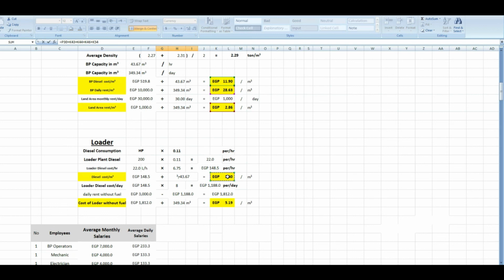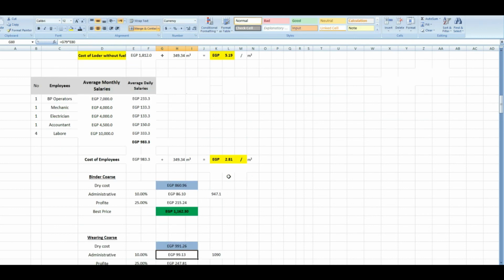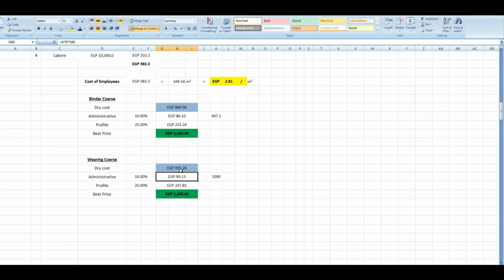It should be involved here in the calculation, plus rent of loader itself without fuel, plus cost of employees, equal 891. This is the dry cost of wearing course.